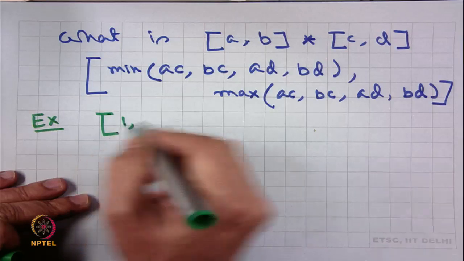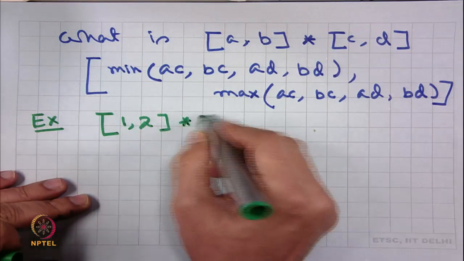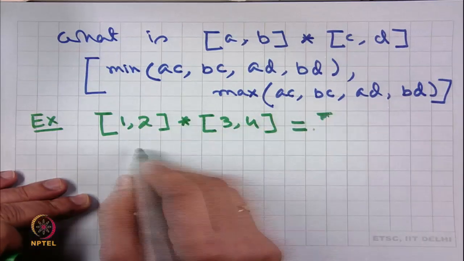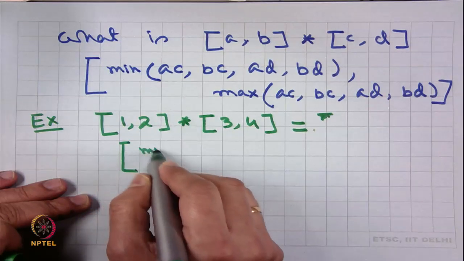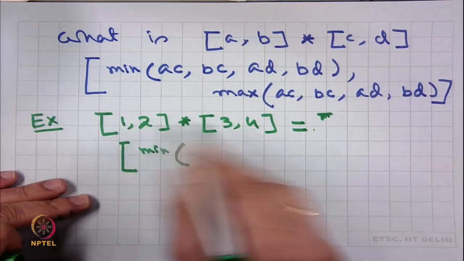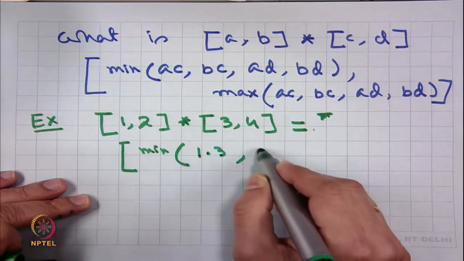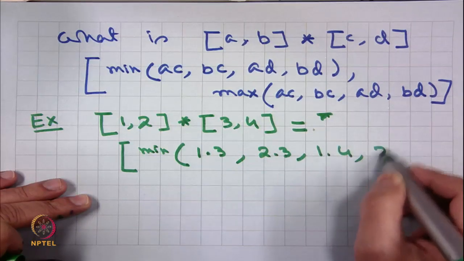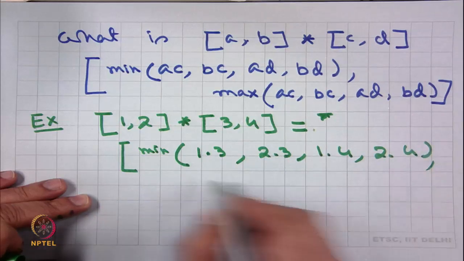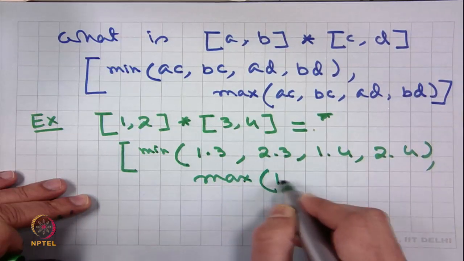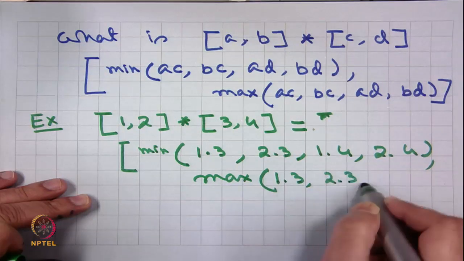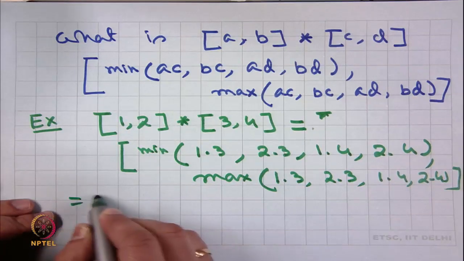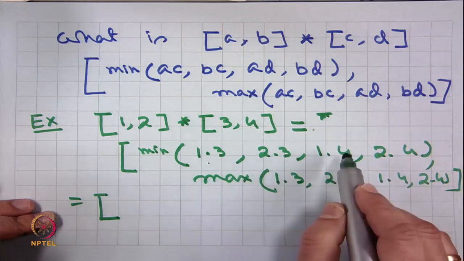What is [1, 2] star [3, 4]? This is equal to the minimum of 1 into 3, 2 into 3, 1 into 4 and 2 into 4, to the maximum of 1 into 3, 2 into 3, 1 into 4 and 2 into 4, that is, minimum of 3, 6, 4 and 8.